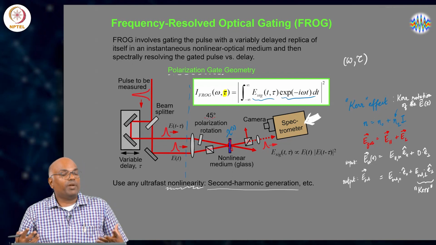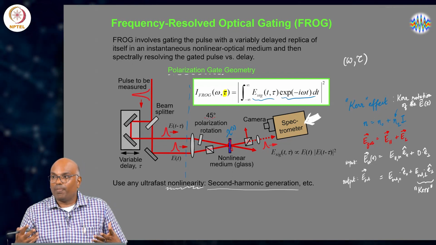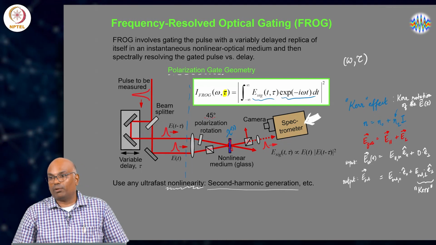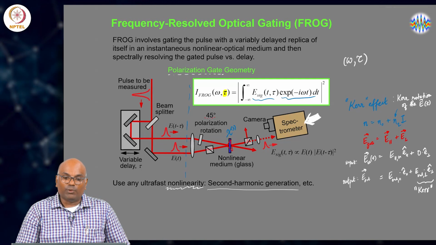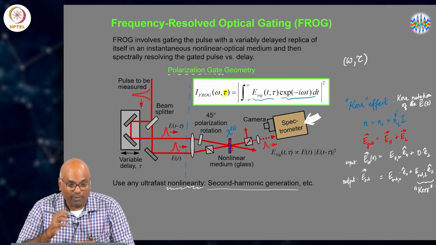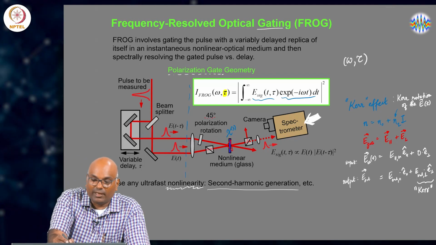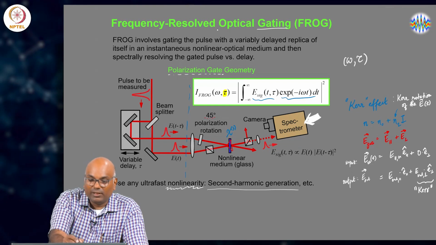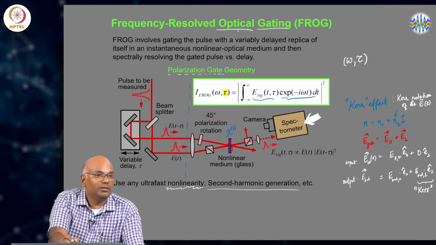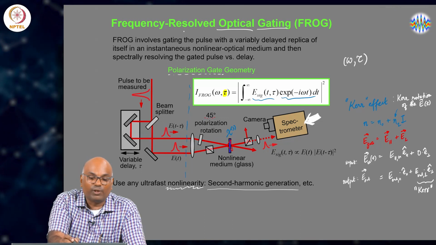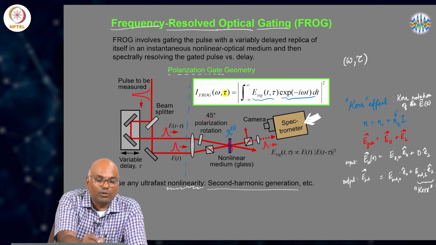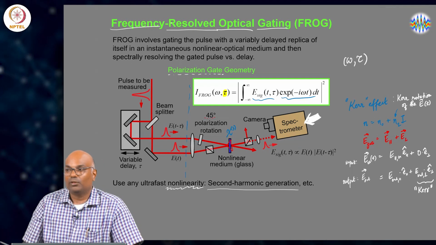So, that is the spectrogram. This is the way we realize creation and measurement of a spectrogram, but that is half the story. We have measured the spectrogram using this technique, which is an optical gating technique, and because the spectrum is frequency resolved, it is a frequency resolved optical gating technique, or a FROG.